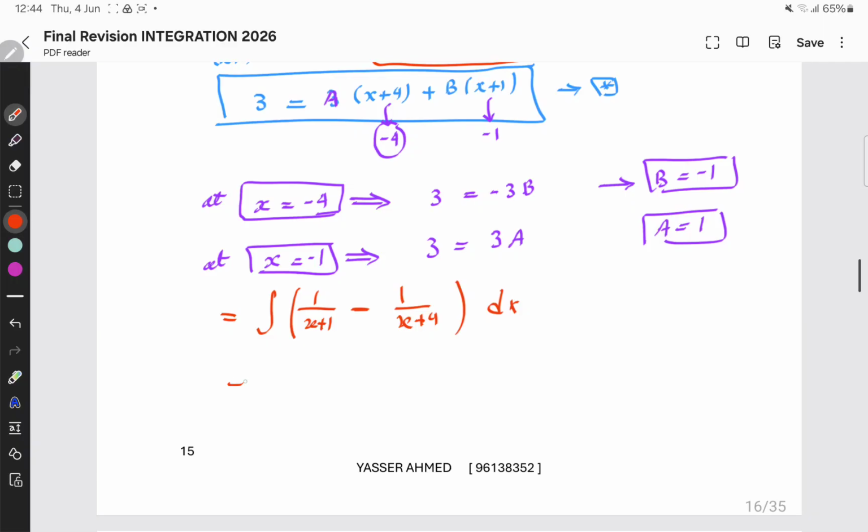So using the rules, it will be ln of x plus 1 minus ln of x plus 4, all of that plus c. And also you can simplify more. Why? Because I know a negative between 2 ln means we change that to be division. You can write it as ln of x plus 1 over x plus 4, all of that plus c.